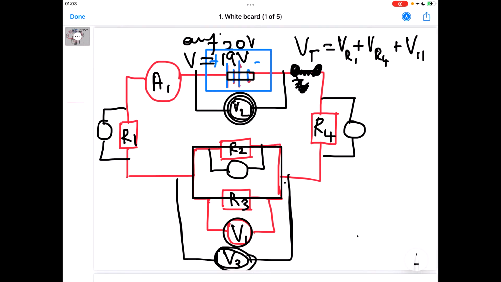Because of that internal resistance, we lost 1 volt inside the battery. What if that does not change? Exactly what you are thinking. If the V is still 20 volts, it means that battery has got no internal resistance.